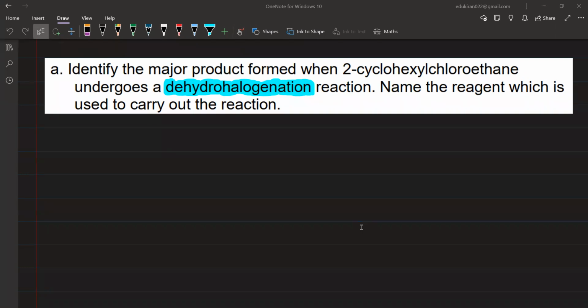Do you have to write the structure and show the reaction? No, you don't have to write the structure and show the reaction. If you just write the name, you have to write two things. Write the answers like this.